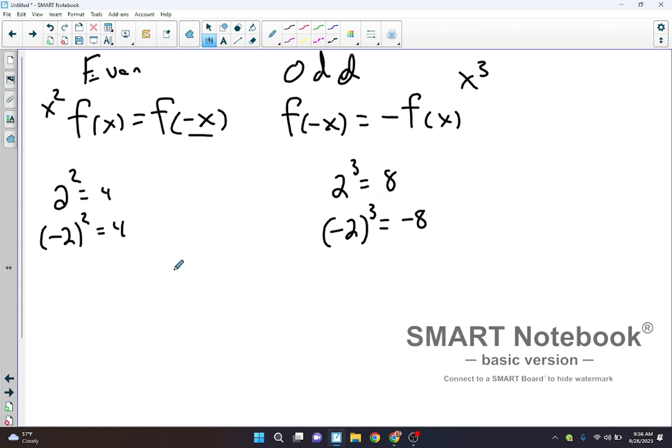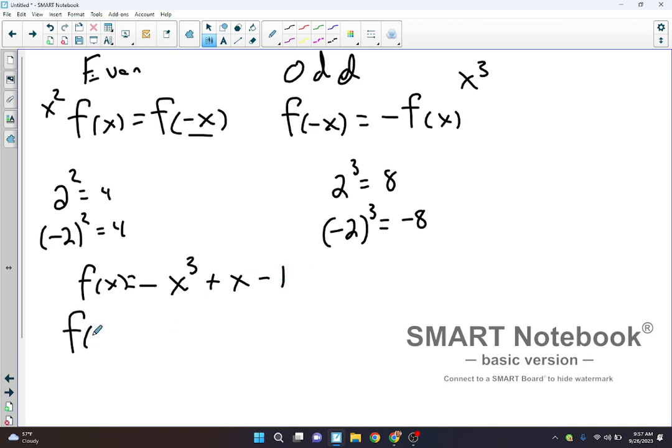So to test it, what you could do is plug in positive and negative x. So if I want to test something like negative x cubed plus x minus 1. Okay. So first off, this is f of x, aka this is the result that will happen if I plug in a positive number.